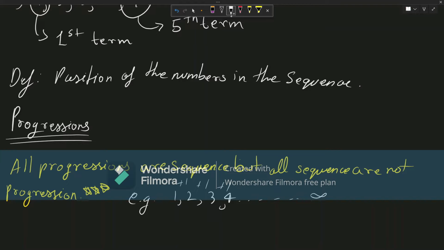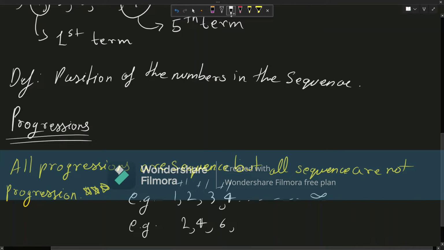Now, if you look at another example, 1, 3, 8, 9, 12, and so on.